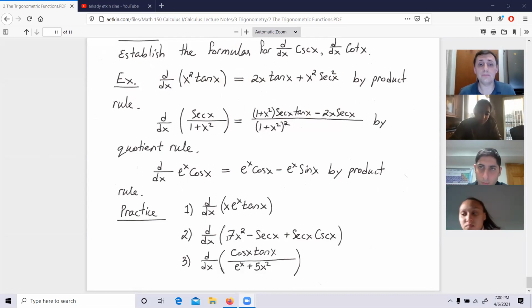Let's do number 2. Derivative of 7x squared minus secant x plus secant x cosecant x.